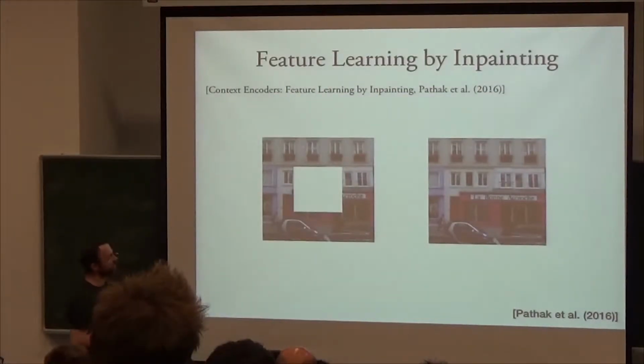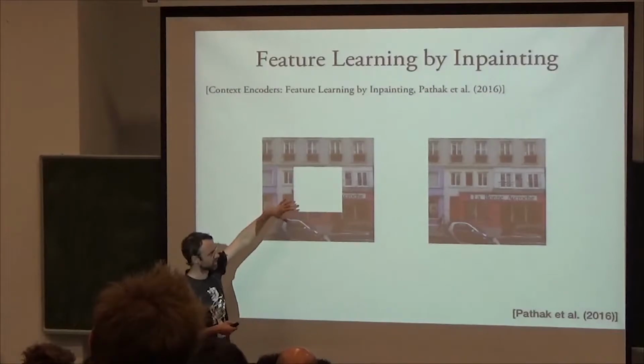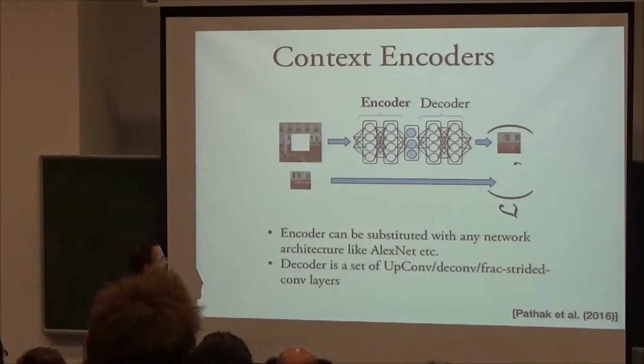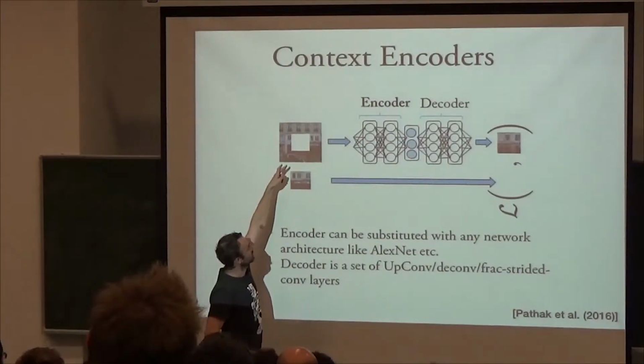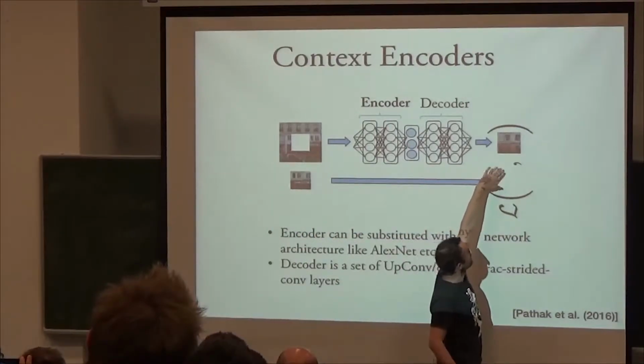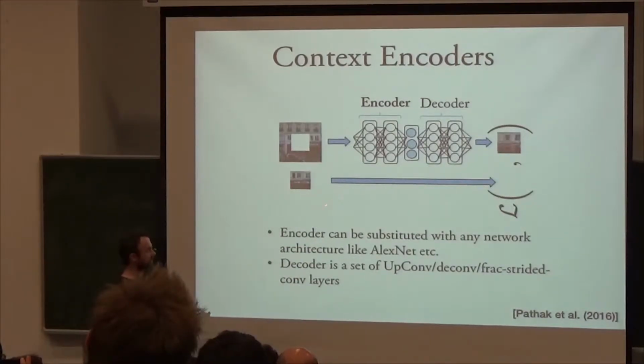There's another one, where you could say, well, why don't you try to predict pixels in the center of the frame or something like that. That's another thing someone did. You chop out a patch of pixels, shove it through the network, and it tries to predict what's missing, and then you compare it to the ground truth patch of pixels in the middle.